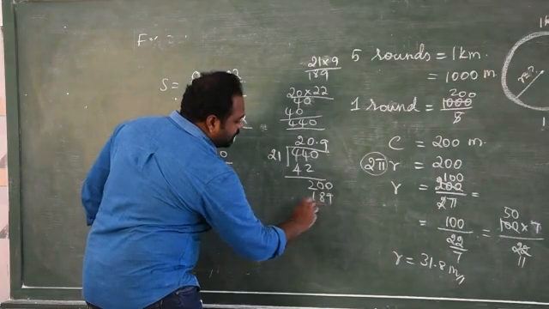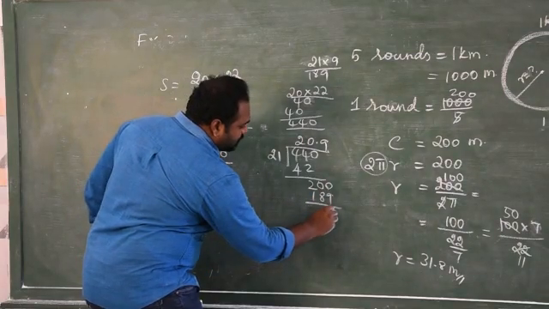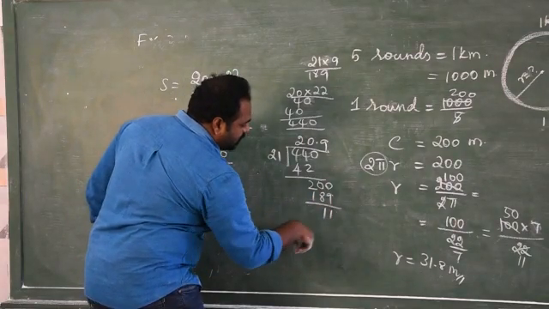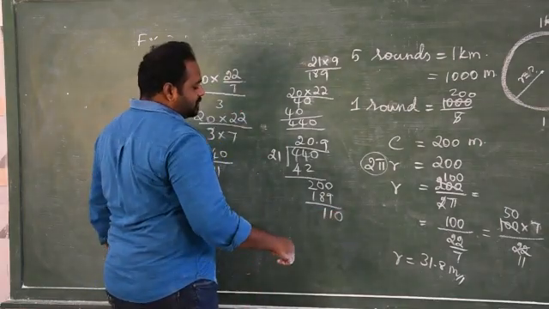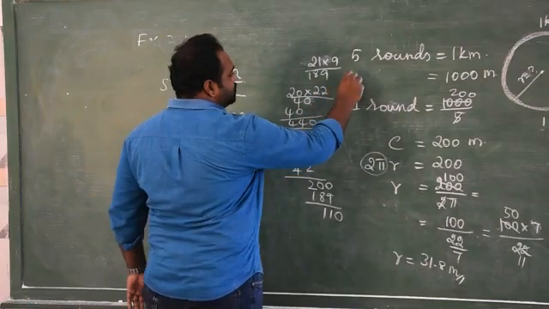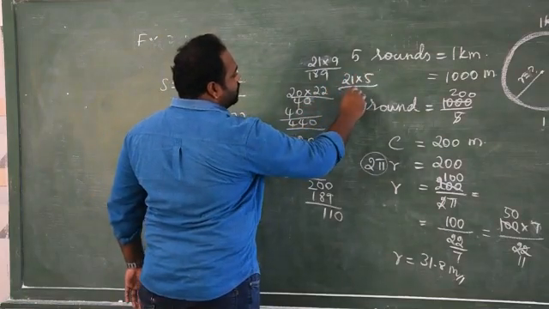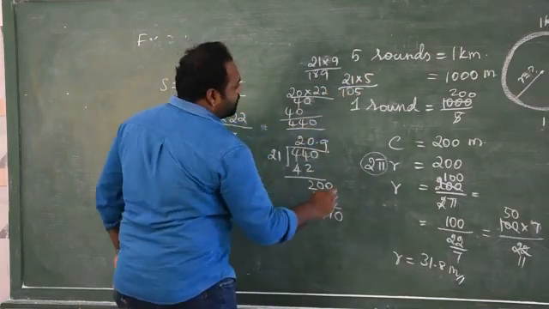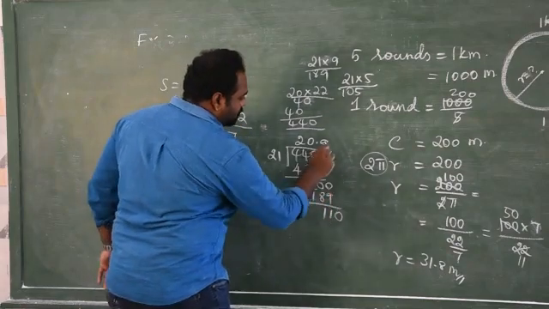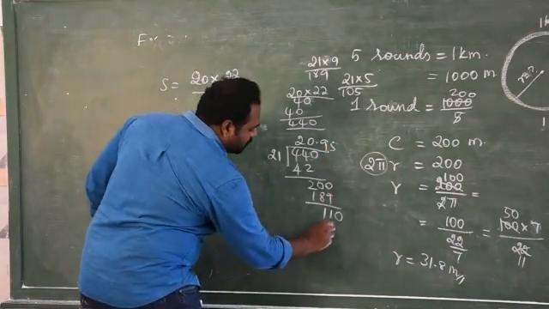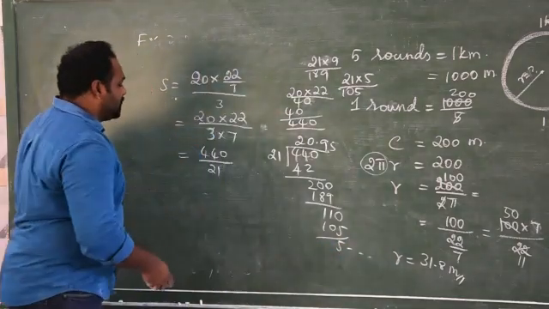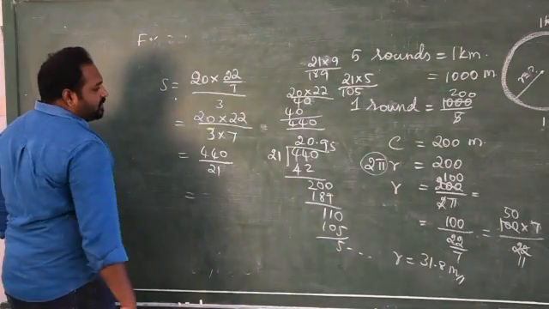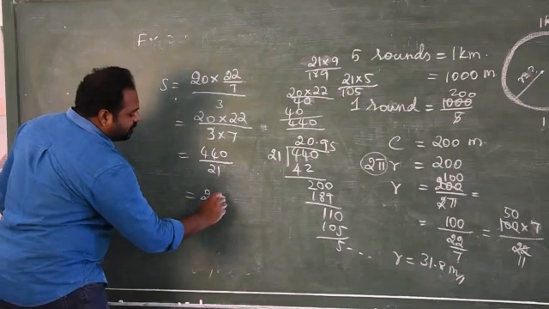So it is 180, 9 remaining, 1. Again put 0. How many times can we take? 5 times, 21 into 5 is 105. Maybe it will go like this. So we can stop this value and write the answer.